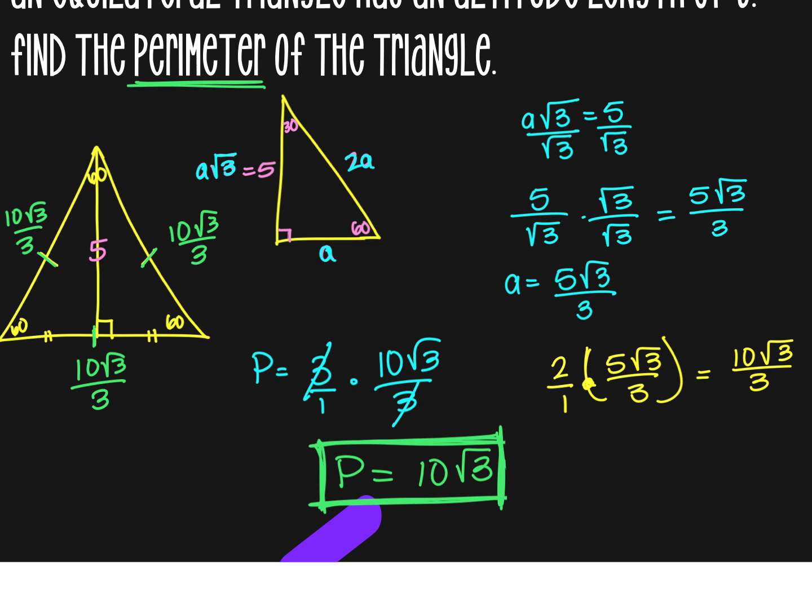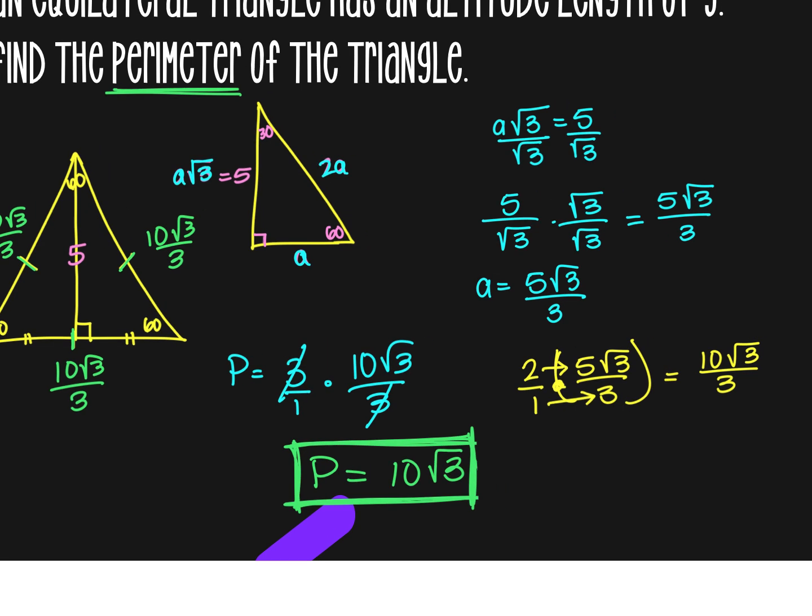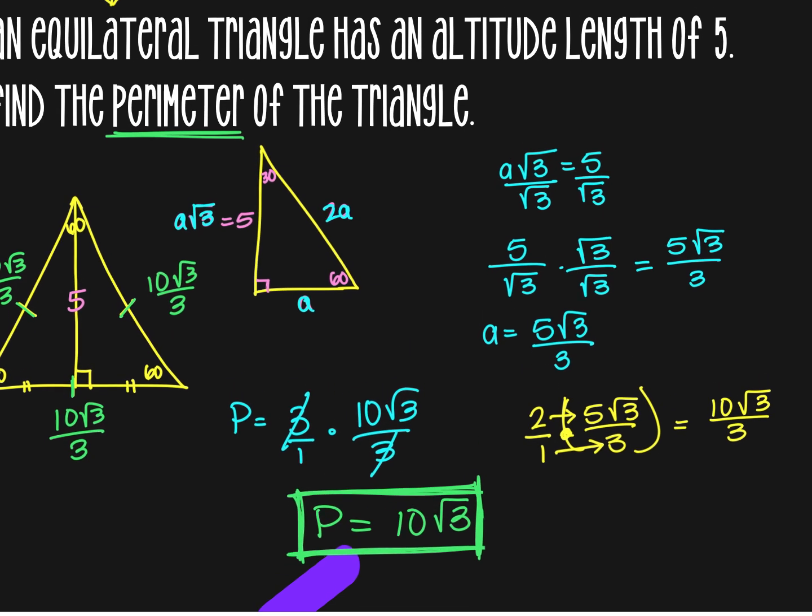I can't multiply the square root of 3, so I'm only multiplying 2 and 5. I can't cross simplify anything, so I'm just multiplying straight across. 2 times 5 gives me 10, and 3 times 1 is just 3. Did that answer it? Okay, yeah. All right, questions, comments, concerns?